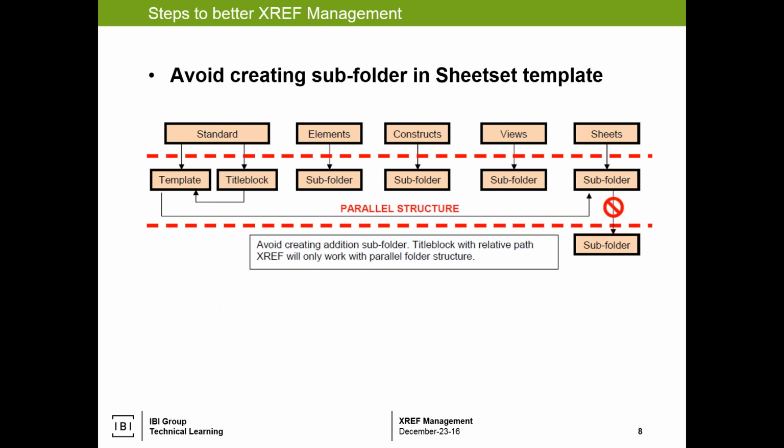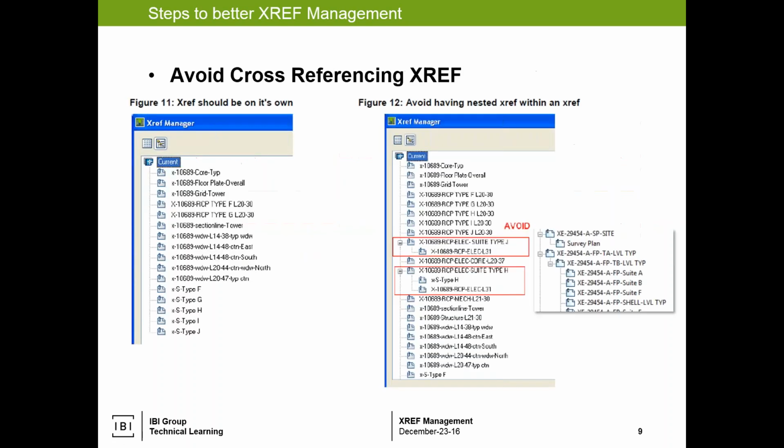What tends to happen is that when you use a relative path, you're adding additional XREF path levels, which means your path is no longer dot dot slash element. It's going to be dot dot slash dot dot slash dot dot slash dot dot and then element. So the more subfolders you add, the longer and longer the file path gets, and sometimes it confuses people, so just avoid doing that.